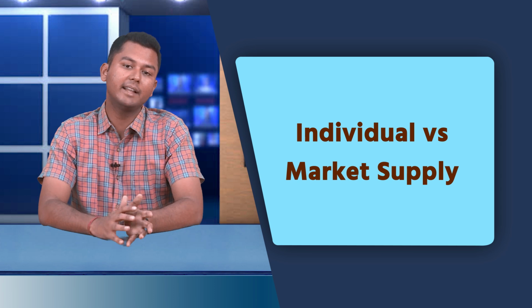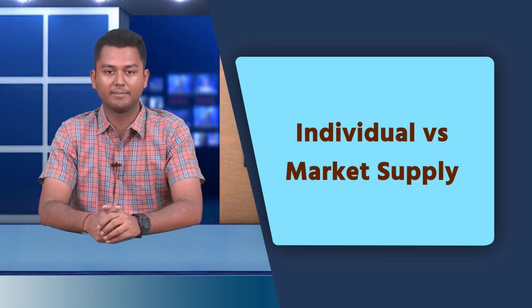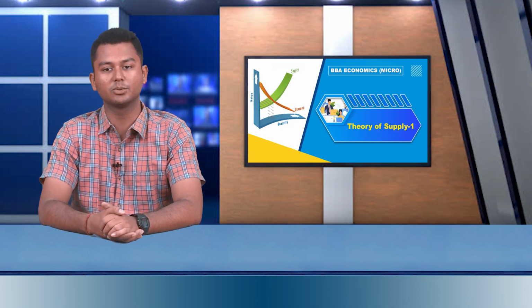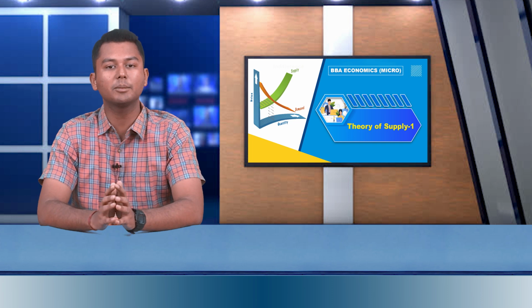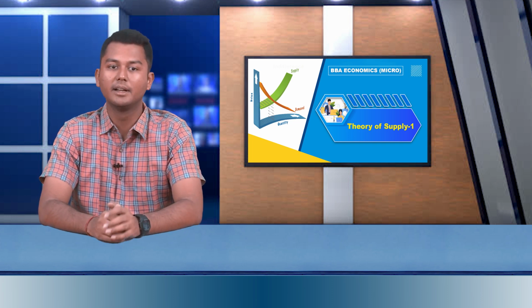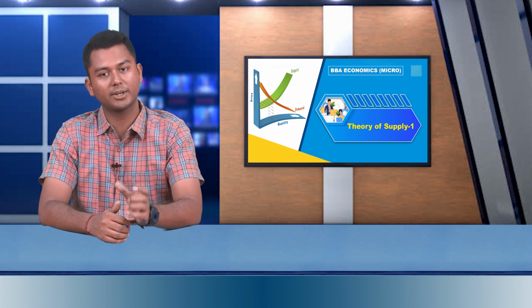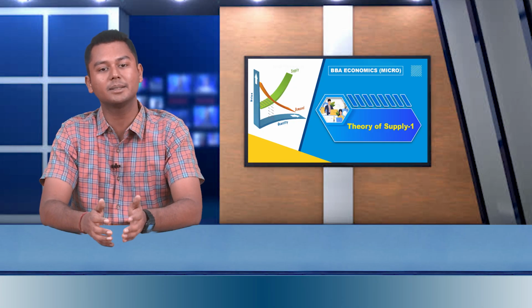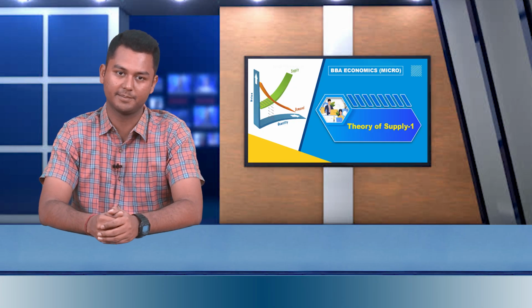Let us look at individual versus market supply. Individual supply refers to the quantity that a single producer or firm is willing to supply at various prices. This reflects the specific costs, capabilities and circumstances of that particular producer.